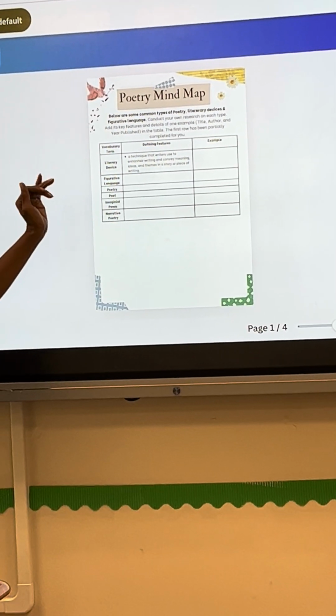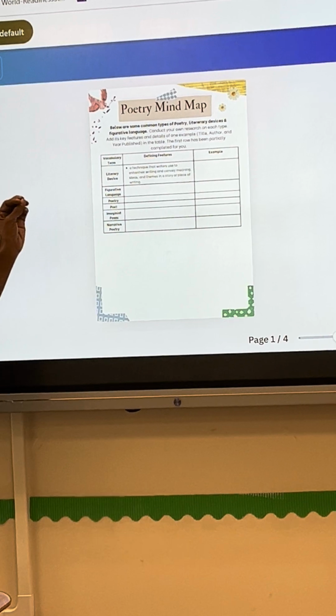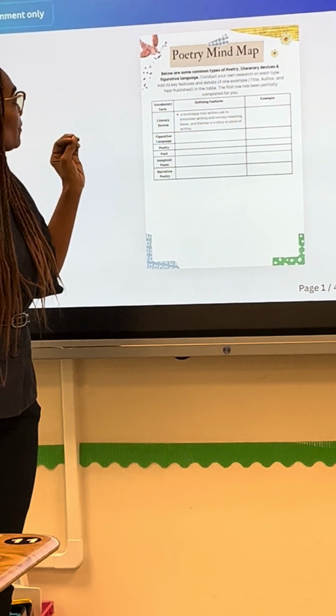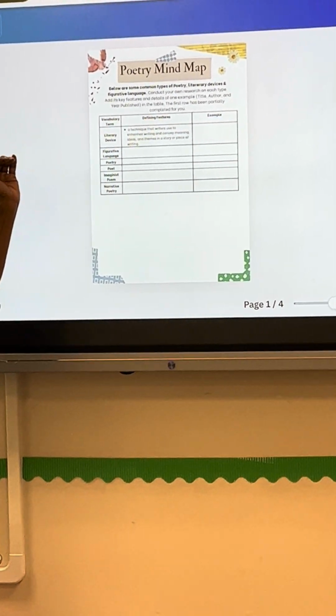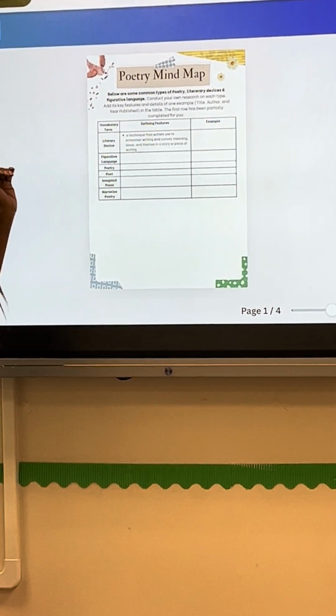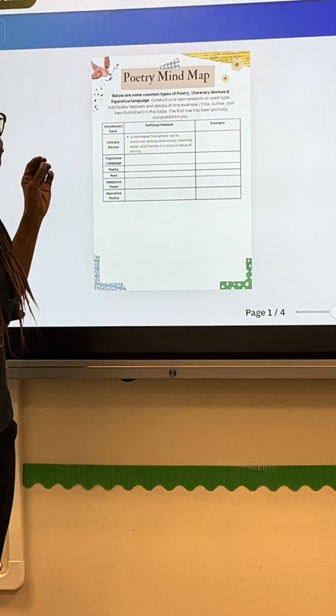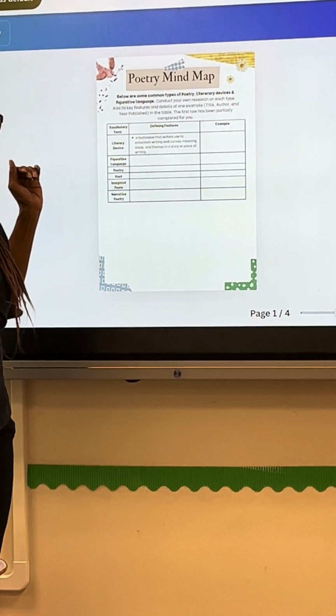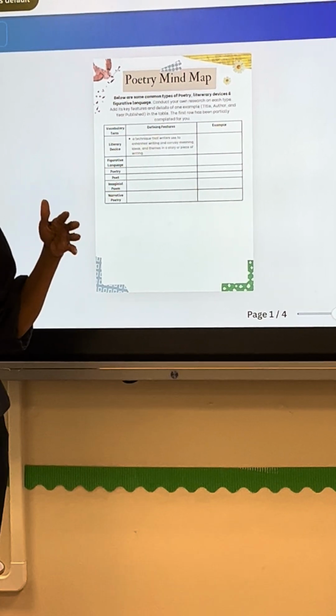I gave you the definition of literary device. It says a literary device is a technique that writers use to enhance writing and convey meaning, ideas, themes in a story or a piece of writing or poetry.